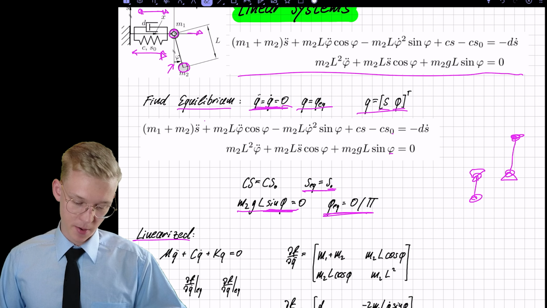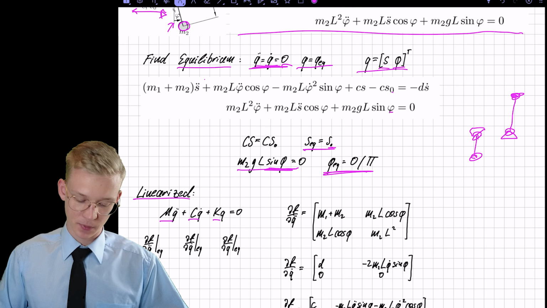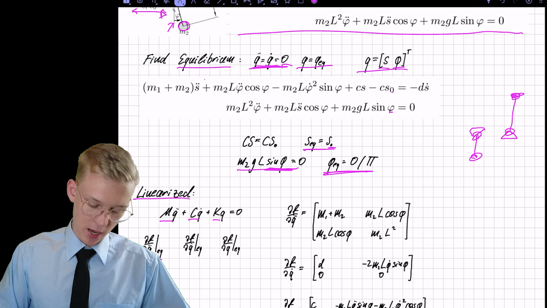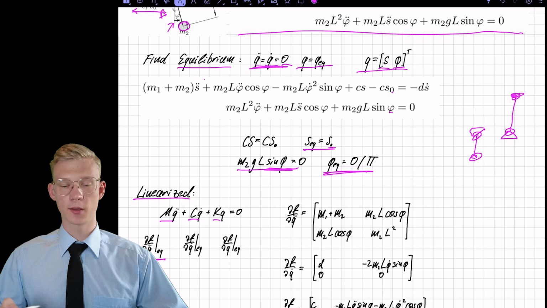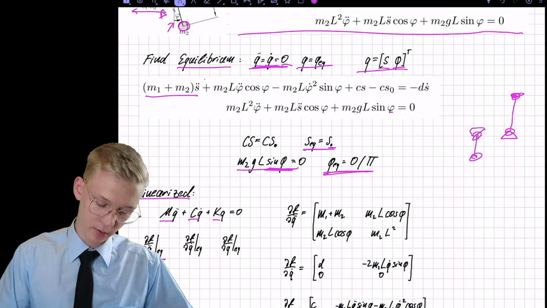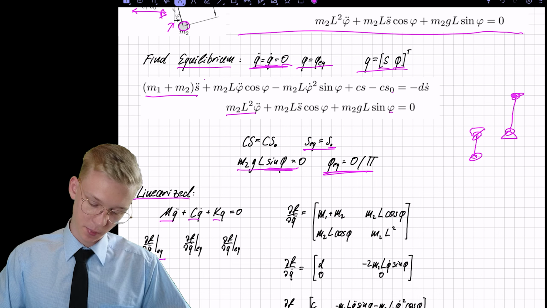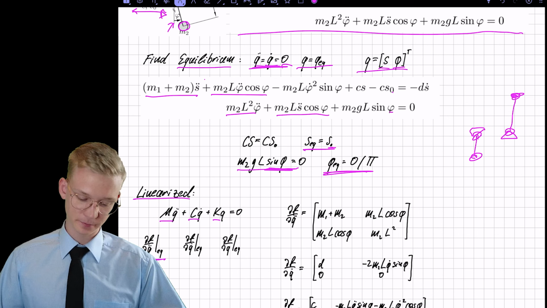So let's get rid of this one so we can see better. Now we have to get the M, C, and K matrix. To get the M matrix, we have to do a partial derivative with q double dot. So let's see where we have a q double dot. We have it right there, and we have it right here, plus this part. And I forgot this one.